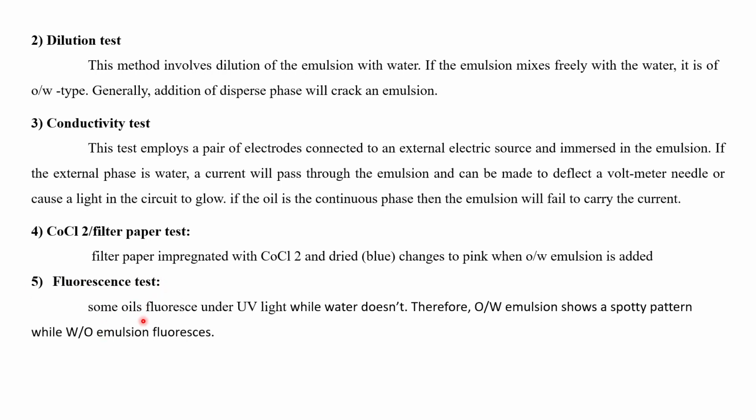Some oils glow, they give fluorescence if UV light is exposed on them, while water does not give any fluorescence, so the emulsions give a spotty pattern. In water in oil emulsions, oil is present in the continuous phase, so more glowing or fluorescence is observed in water in oil emulsions.